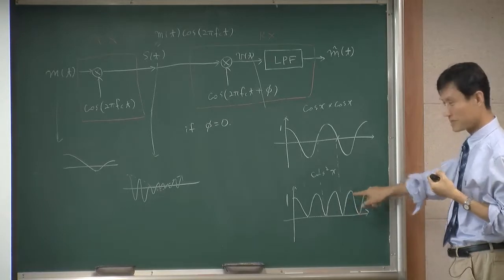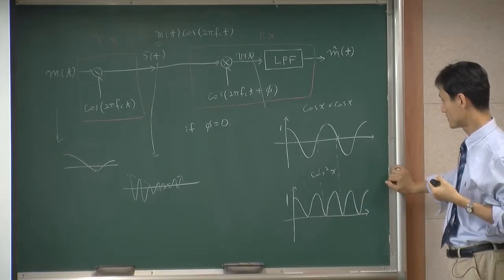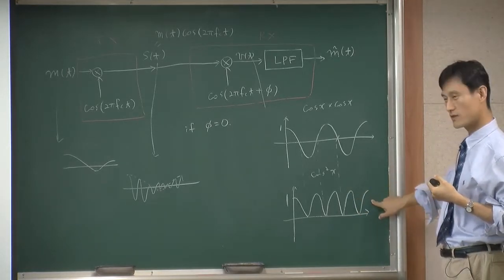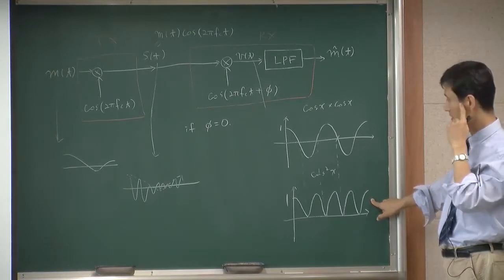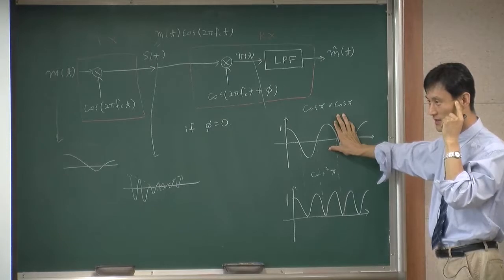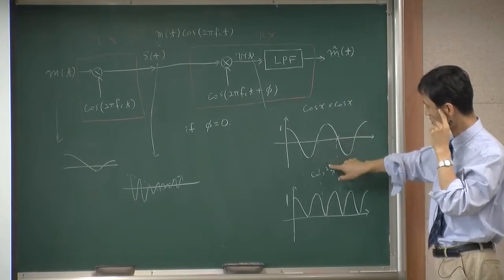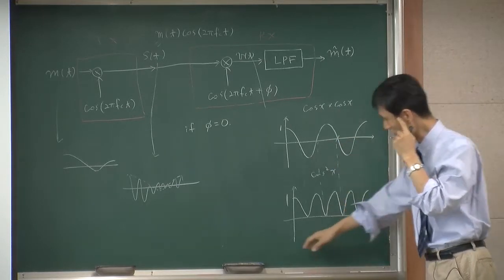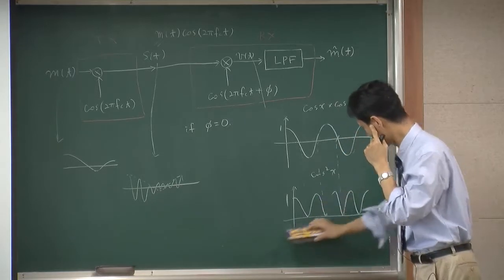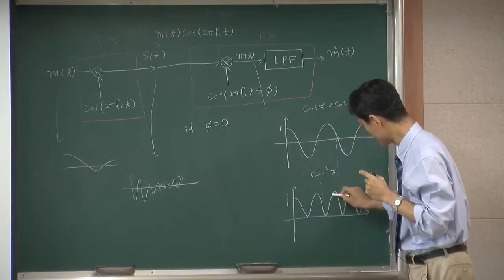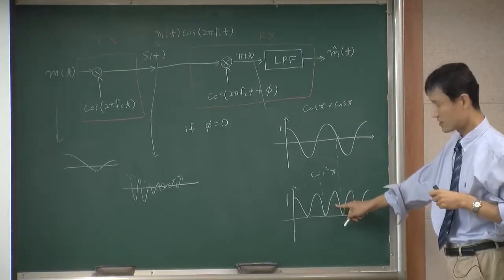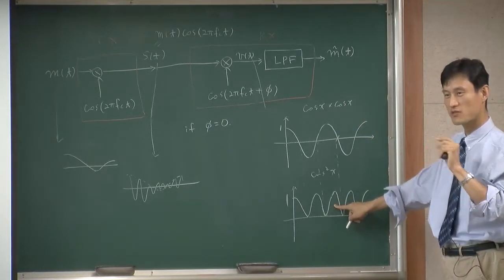What does it look like? This one looks like a cosine again. This is the original cosine. But when I do the cosine square, it looks like a cosine again. But what's the difference of this cosine? This one looks faster, 2 times faster. Why?